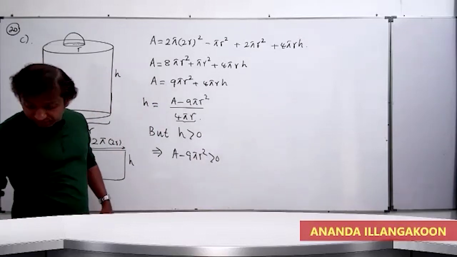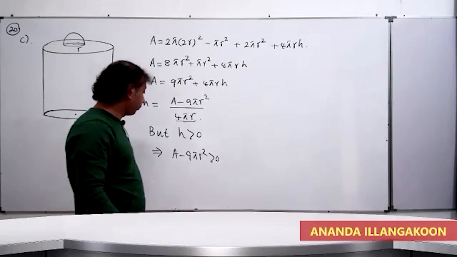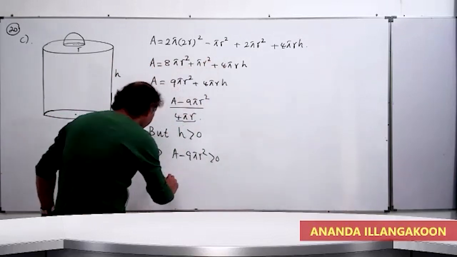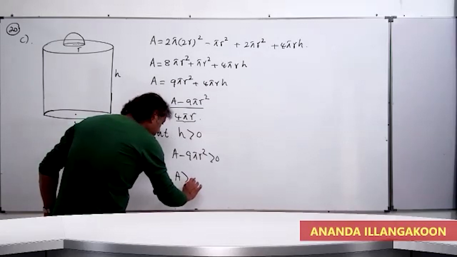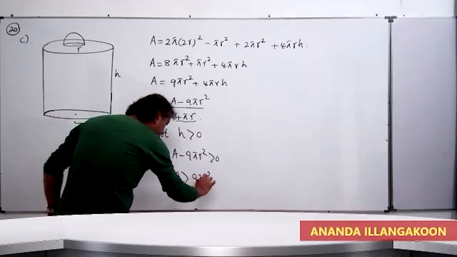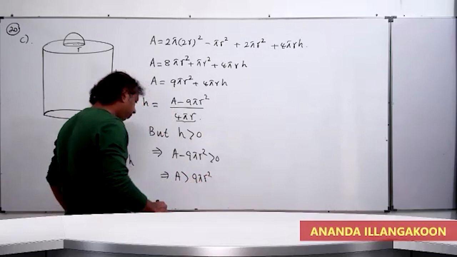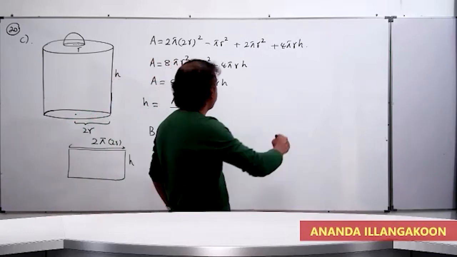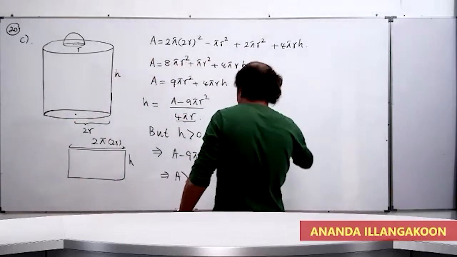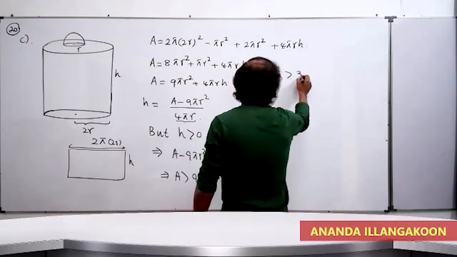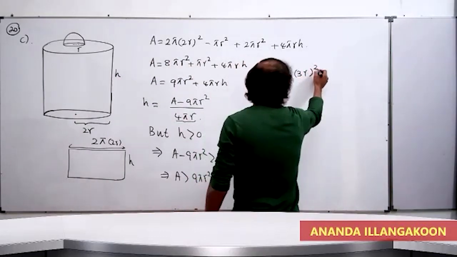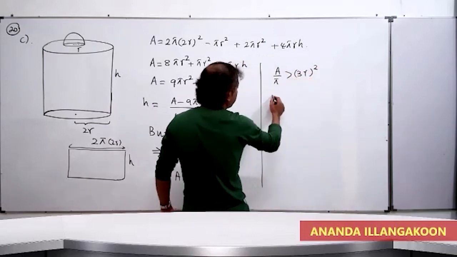Then, what is the answer asking? 3r, no? A greater than 9 pi r squared. Take this pi to the denominator, left hand side. 3r perfect squared. Then take the root of this.